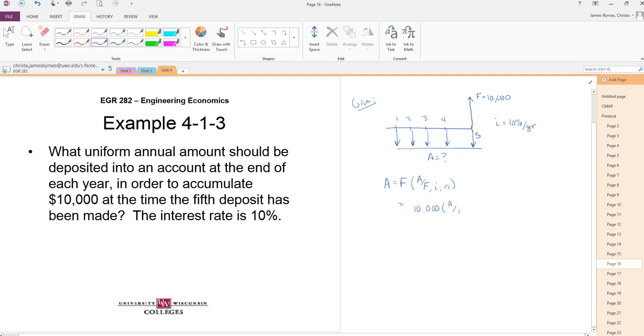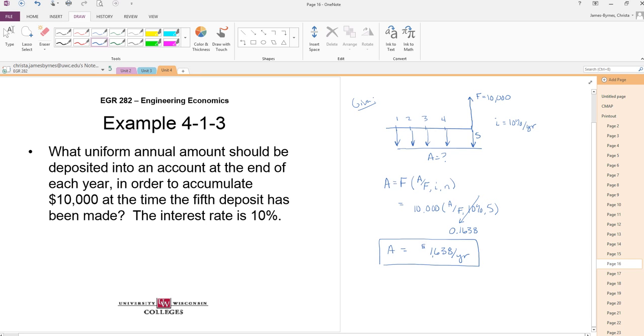Find an A given an F, 10% for 5. Well, look in the back of my book. A given F is 0.1638. That is $1,638 per year, and I will have 10,000 at the end of 5 years.